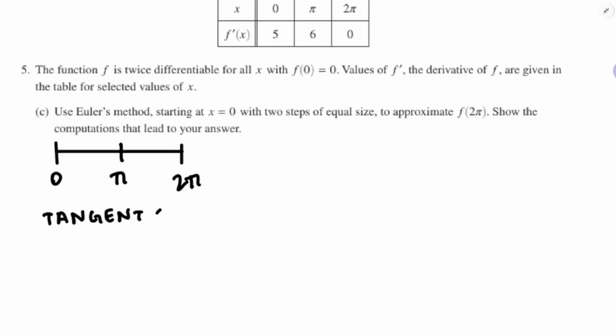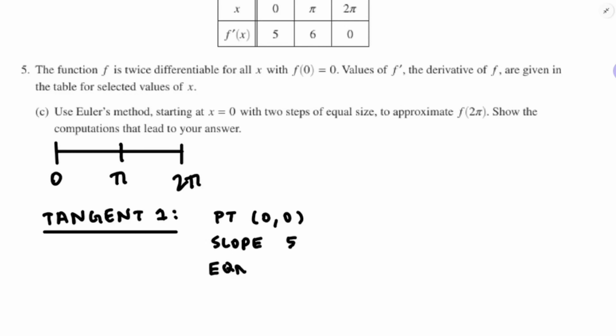So tangent line number 1. Okay, my point is going to be 0 and 0 because f of 0 equals 0. My slope is going to involve f prime of 0 equals 5. And so my equation will be y minus 0 equals 5 times x minus 0. So y equals 5x.